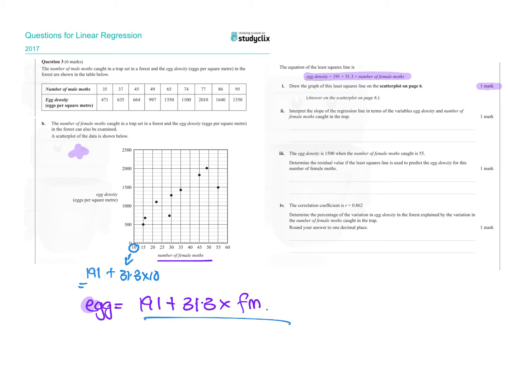So it ends up being around the 500. Okay, then you're going to do the same thing again, but you'll put 60 into the formula. So it'll be 191 plus 31.3 times 60, and you end up with it just being a bit over 2,000.